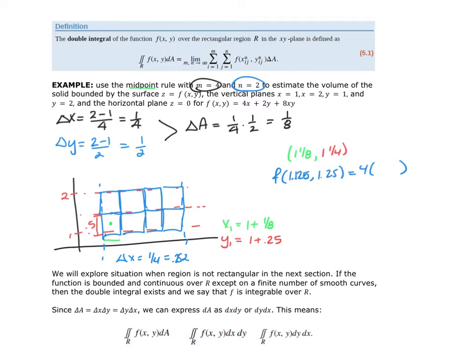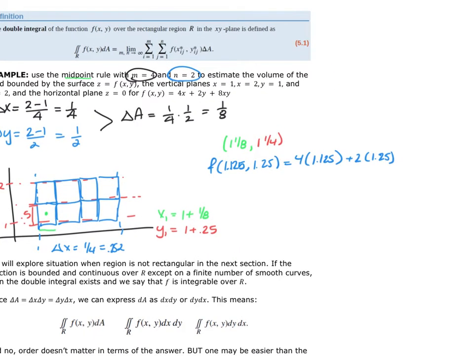So we have 4 multiplied by 1.125, plus 2 multiplied by 1.25, and then I have 8 multiplied by the x, which is 1.125, and multiplied by the y, which is 1.25.